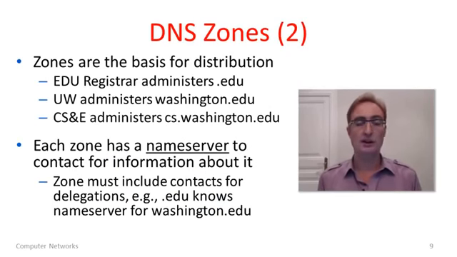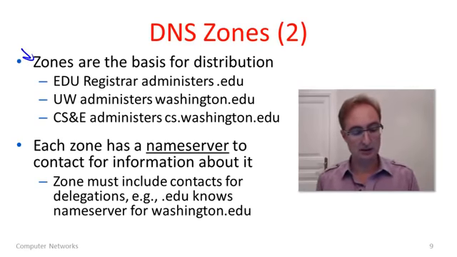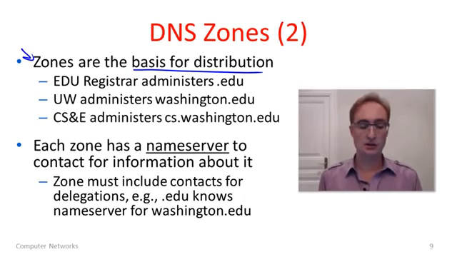Okay, so the zones here are important because they're the basis for the distribution. Just recalling that picture, the Edu registrar administers the .edu zone. The University of Washington administers the Washington.edu zone, and the Computer Science and Engineering Department at UW administers the cs.washington.edu zone.